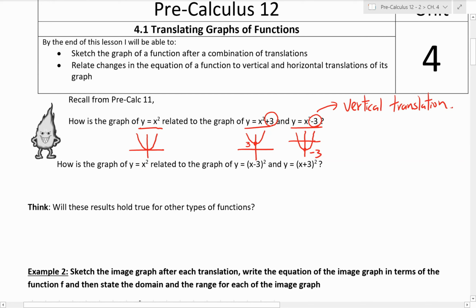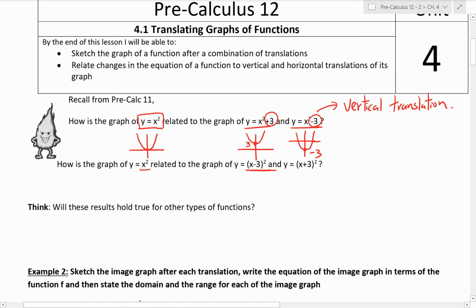How about the second one here? Similarly, we are going to compare y equals x squared with x minus 3 squared. This time, the difference is that we are going to take the x and then minus 3 or plus 3, not after the x squared. Not after the entire function, right?